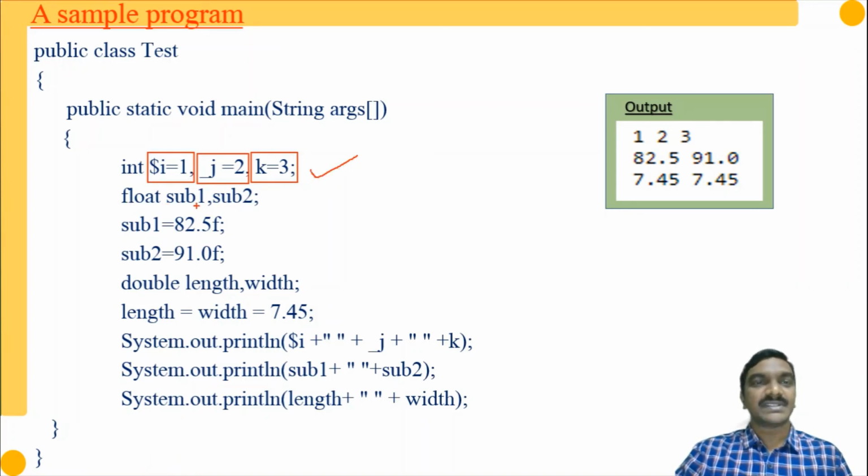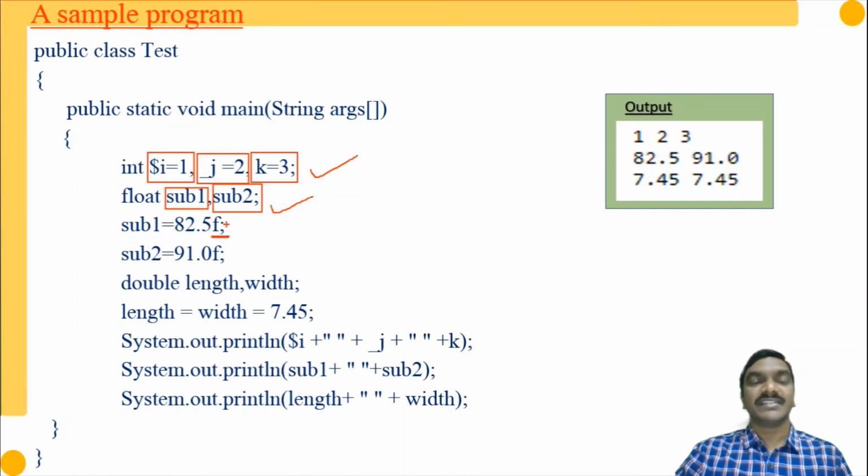Then float sub1, sub2, two variables I declared. Can I declare like this? Yes, starting letter is alphabet, no problem. After that you can give any number, no problem. There are no spaces here, so this is also a valid one. Now when you initialize an integer, we just give some integer value like 1, 2, 3. But when you initialize a floating point value, you should write f at the end of the number.